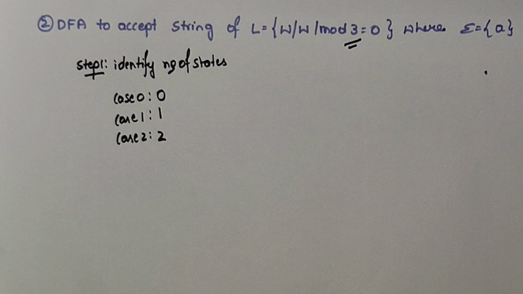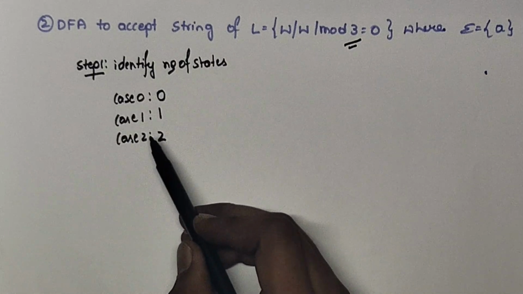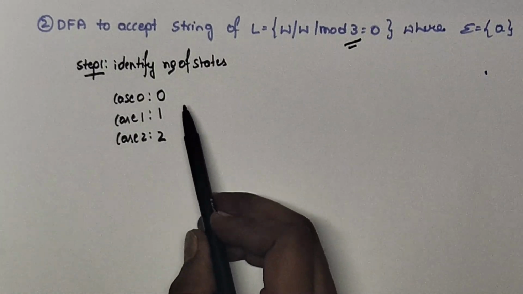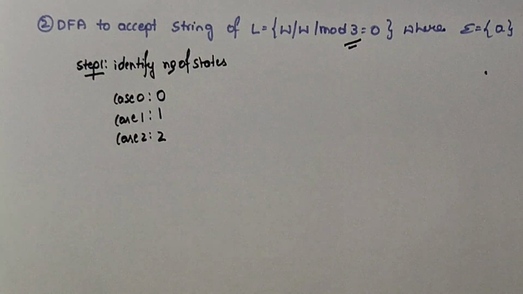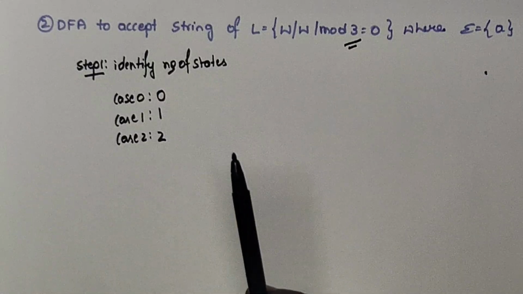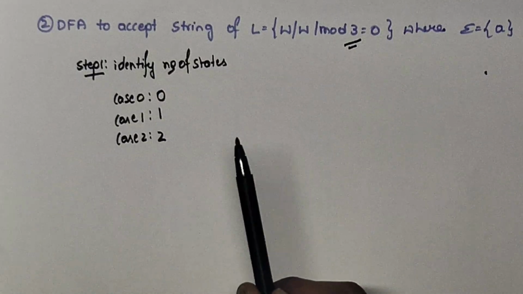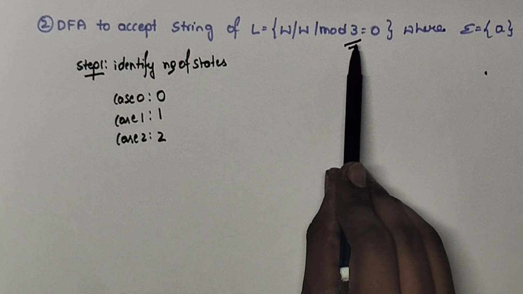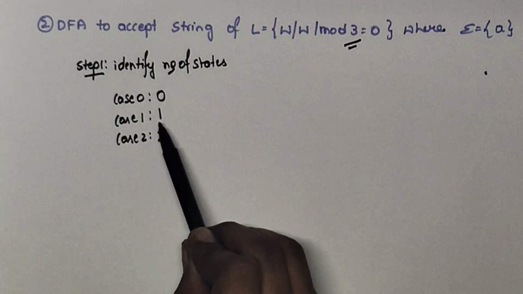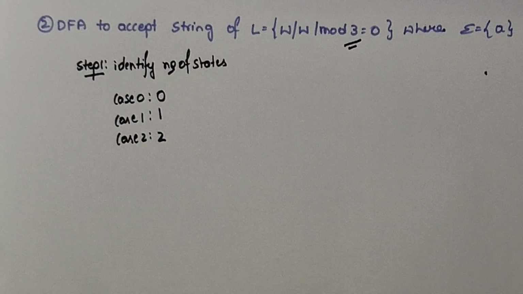If you divide any number by 3, its remainder may be 0, 1 or 2. If you divide by 5, the remainder can be 0, 1, 2, 3, 4. If you divide by 7, the possible states will be from 0 to 6, like that. So since we are dividing by 3, the states will be 0, 1 and 2 as the remainders.